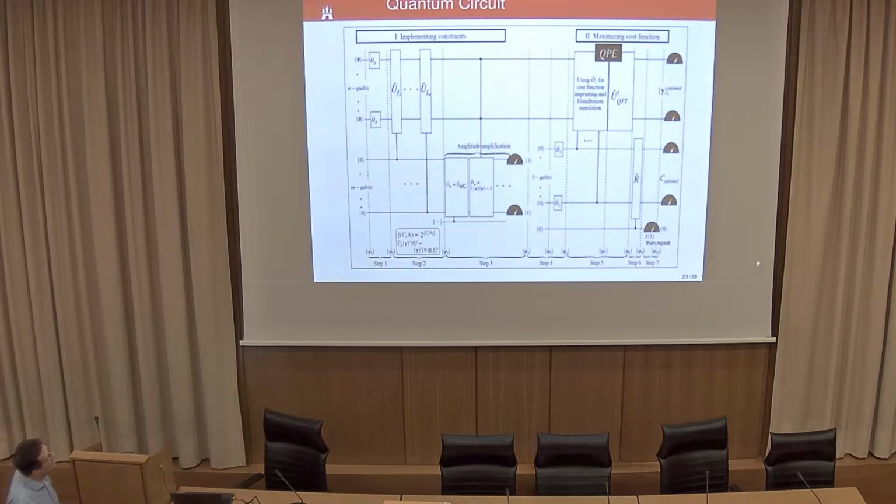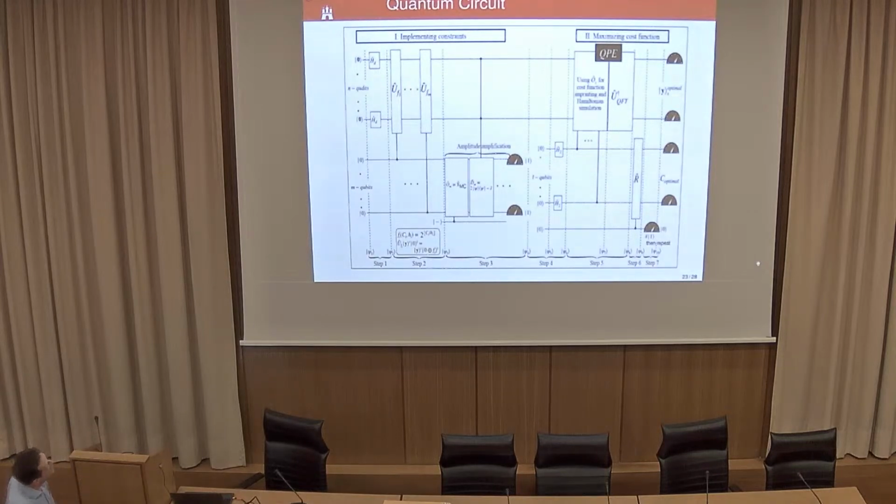Once this is done, this is already put as a piece of information into the phases of these qubits. Then you want to put it from the phases to the amplitude. You want to go to amplitude encoding, because at the very end you want to do a measurement, and the measurement outcome is determined by the amplitude.